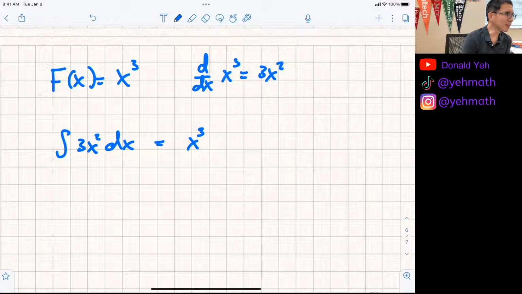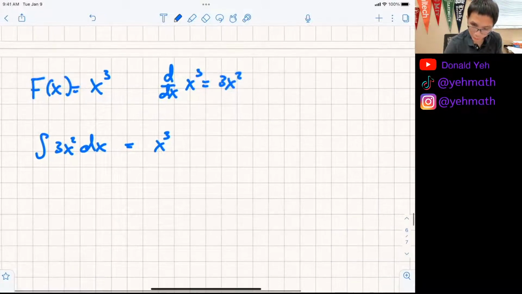Why is this not just x cubed? Yes, it could be a constant. Think about if I take the derivative of x cubed plus 10, x cubed plus 20, x cubed plus 30.